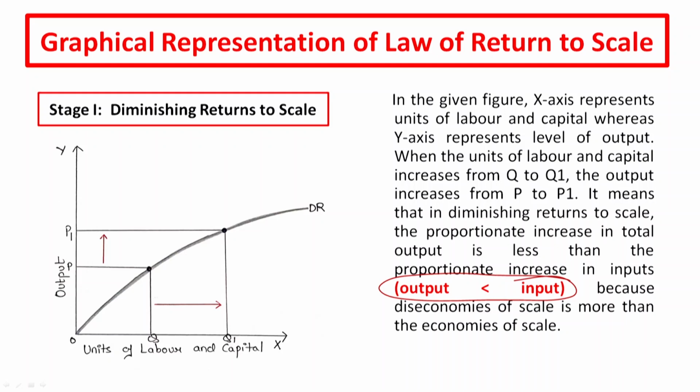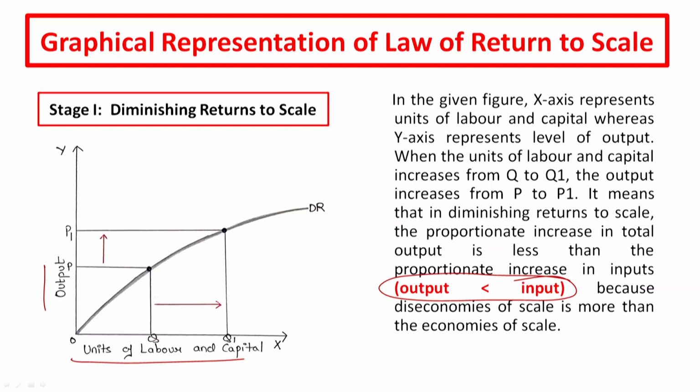Why? Because of diseconomies. Now your diseconomies are more than your economies, and due to this reason there is diminishing return to scale. Again, on the x axis you are showing the units of labor and capital, that is the independent variable. On the y axis you are showing the output, that is the dependent variable. Initially you are producing OP output at OQ units of labor and capital.